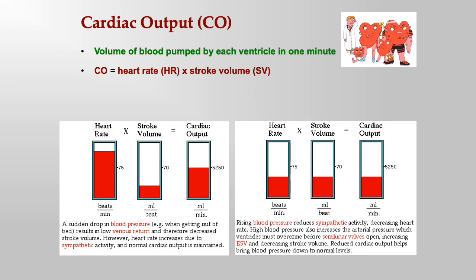Now, cardiac output is equal to heart rate times stroke volume. Think about it. Your heart is beating 75 times per minute on average. Stroke volume, remember, is how much blood you pump out with every beat. So if you take the total number of beats and multiply that by the volume for each beat, you're going to get the total amount of blood pumped.